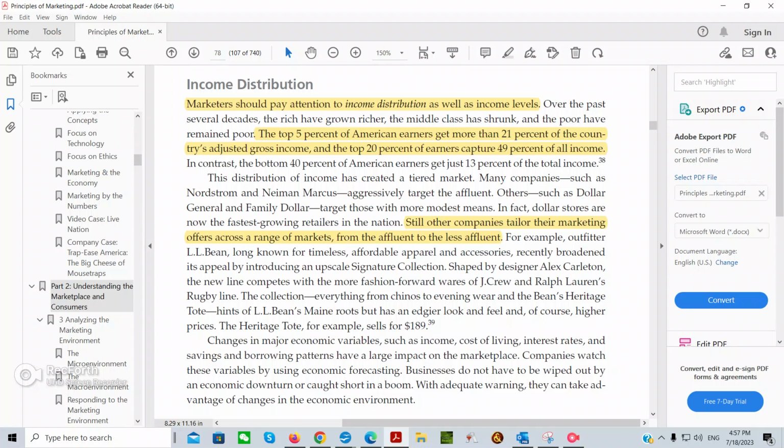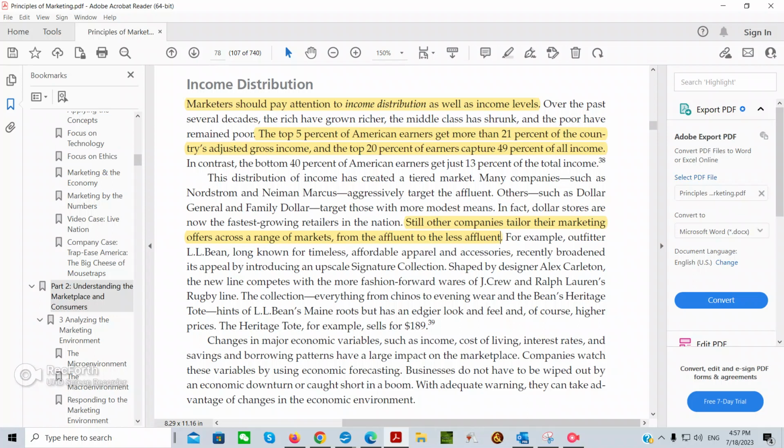The collection, everything from chinos to evening wear, and the Bean's heritage tote, hints of L.L.Bean's main roots and has an edgier look and feel, and of course, higher prices. The heritage tote, for example, sells for $189.39. So with that, you're targeting another demographic. You've increased the potential customers you can sell to, and of course, increased the total revenue, which is the ultimate goal.